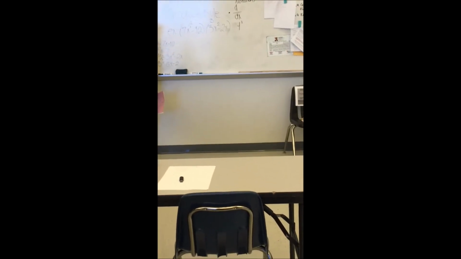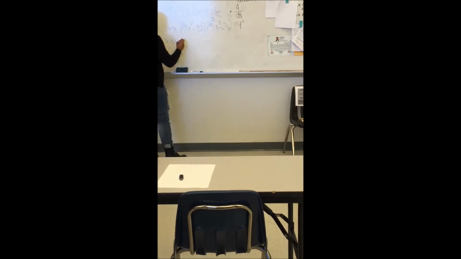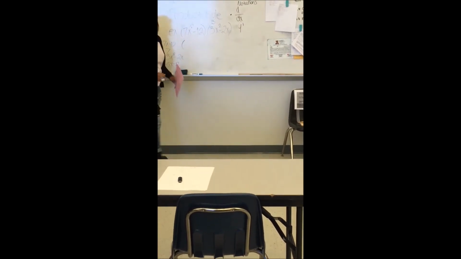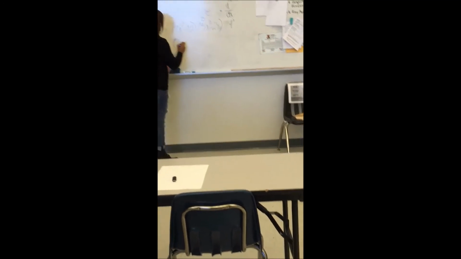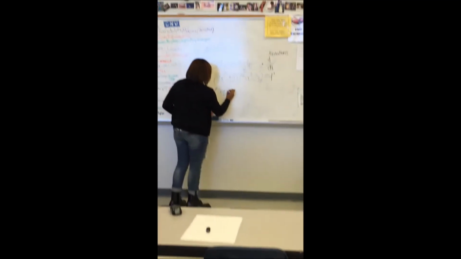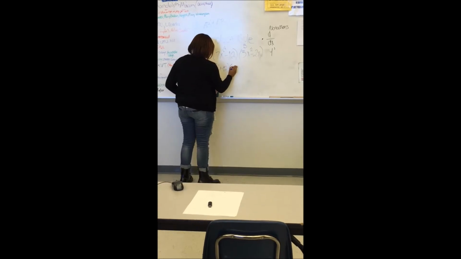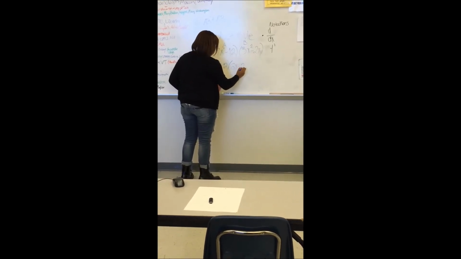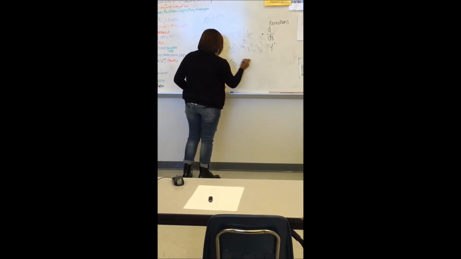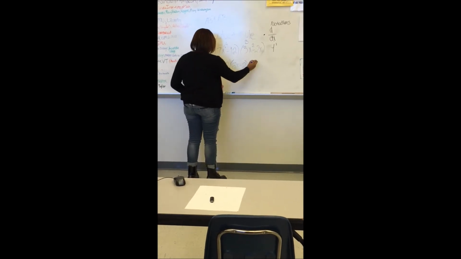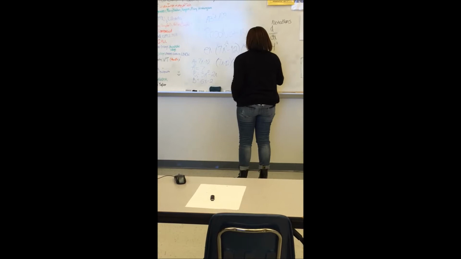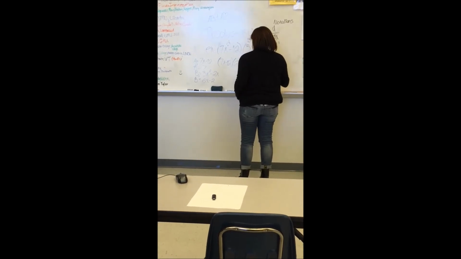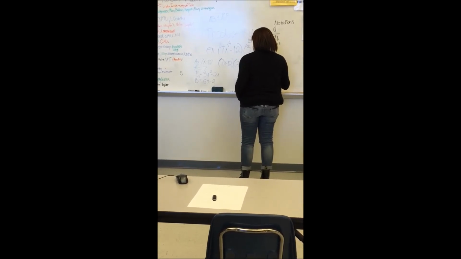So now you're going to multiply. A is 7 times 7x minus 12.